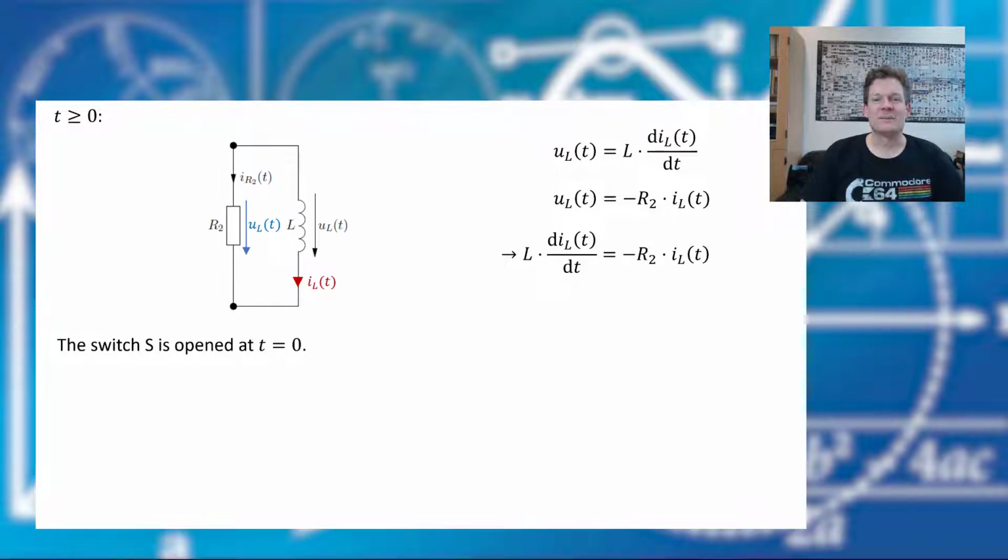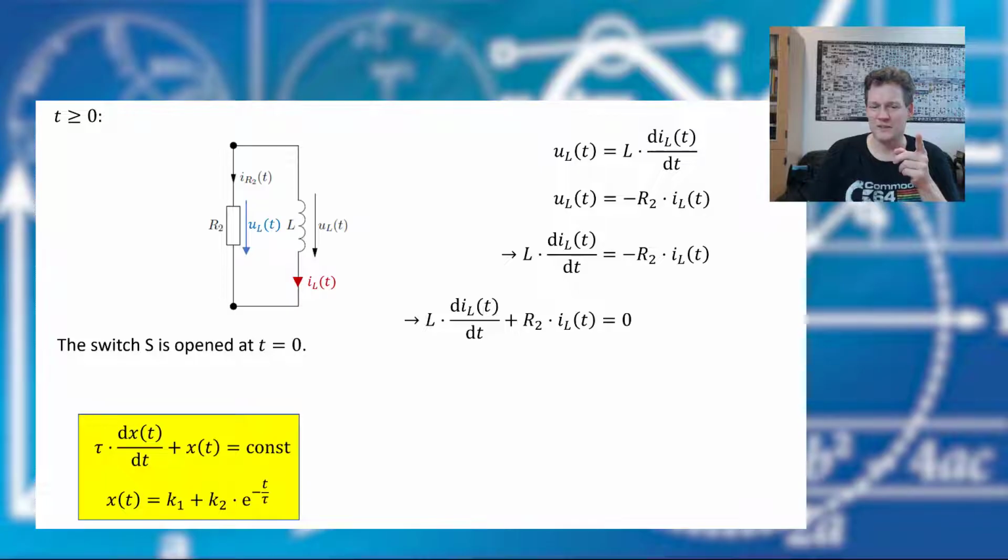And now we have two equations and we can merge them into one. This is already a differential equation. Let's sort it a bit. I bring everything on one side. Now remember from the lecture, there was only one differential equation where we know the solution. It looks like this. We need a time constant tau in front of the time derivative of the value we are looking for, plus the function we are looking for itself, and all this equal to a constant.